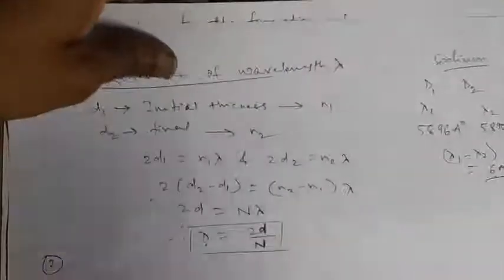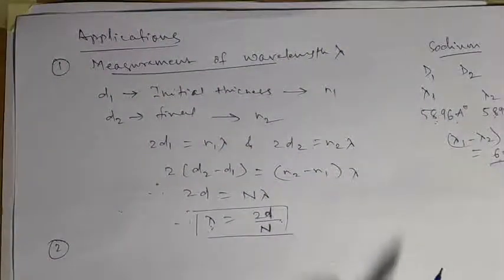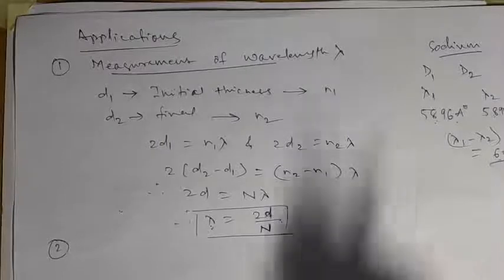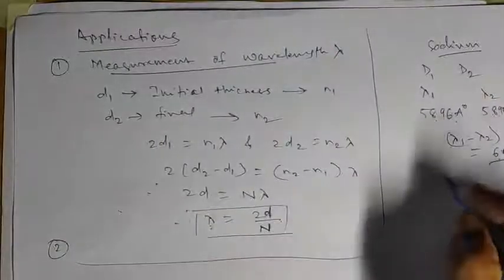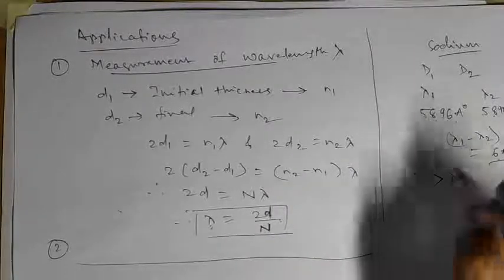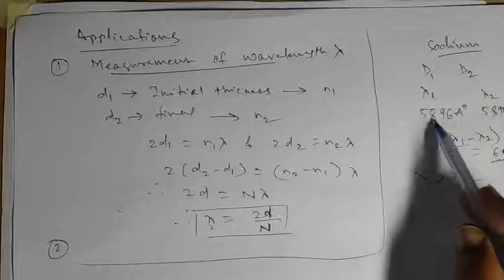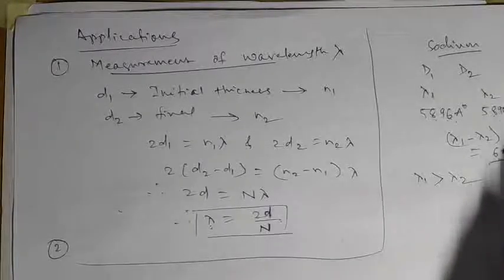Now the procedure we have to apply is, suppose we consider lambda 1 greater than lambda 2. Here lambda 1 we considered 5896 Angstrom units and lambda 2 we considered 5890 Angstrom units.